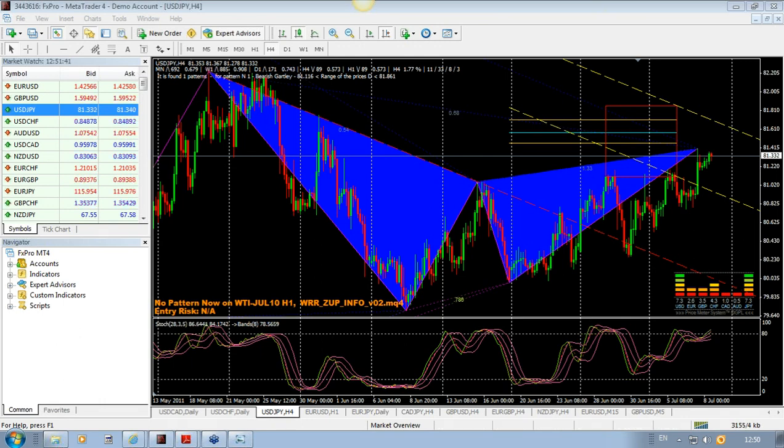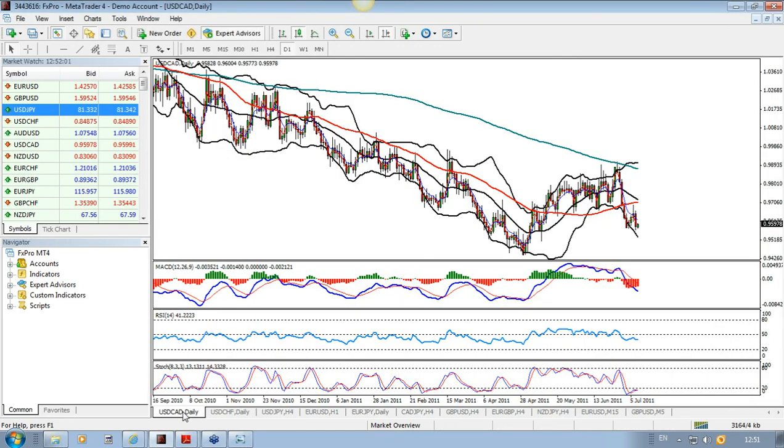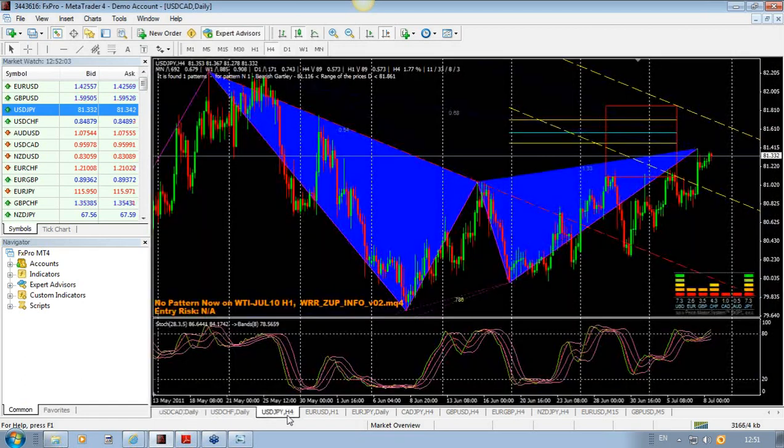Andrew asks, do you move stop loss to break even after the first target is reached? I usually move stop loss to break even after the second target, but I also move stop loss to break even if the trade becomes choppy and moves sideways in a range.